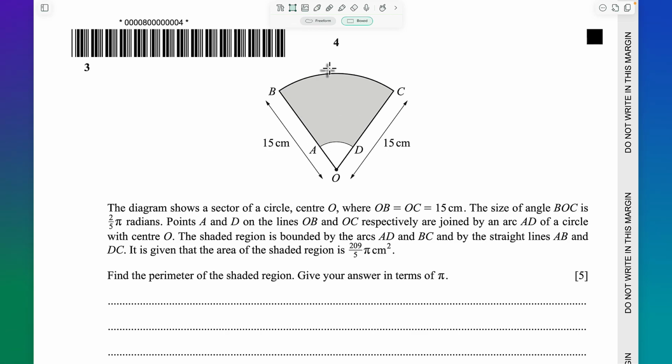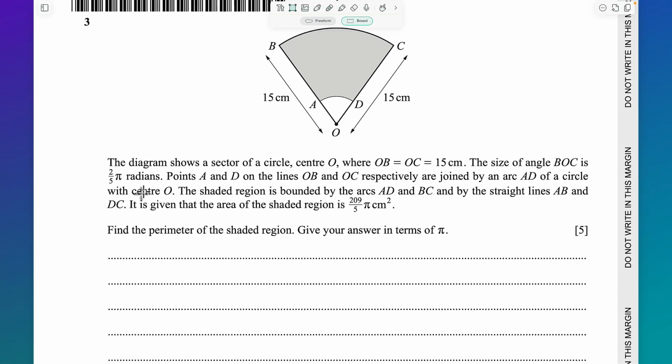Just looking at the problem, we can see that this is a circular measure problem, even before we read the question. But let's go ahead and read it. It says the diagram shows a sector of a circle with center O, where OB is equal to OC, which is 15 centimeters. And we can see that, because this is our radius, and that is also our radius over there.